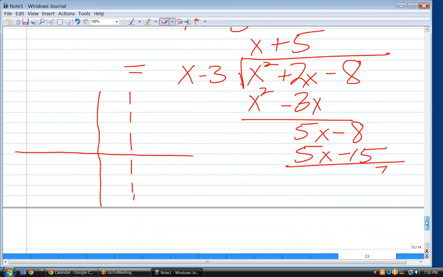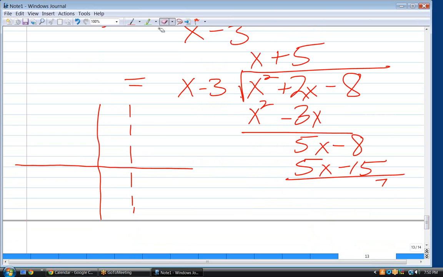What we care about is that x plus 5 is the equation of the oblique asymptote. Well, this was at 3, so 5 would be about here. It's got a slope of 1. Let me erase everything.